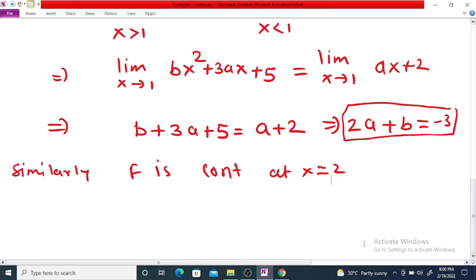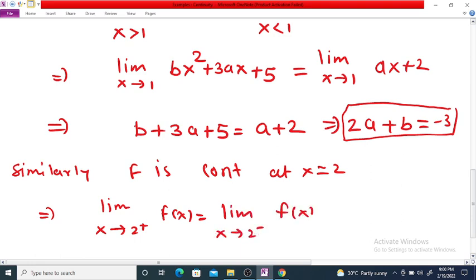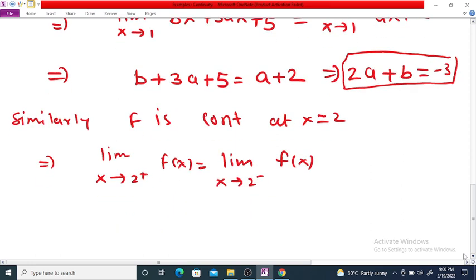So this implies limit x tends to 2 plus of f of x is equal to limit x tends to 2 minus of f of x. The right hand limit at x is equal to 2 is the same as the left hand limit.